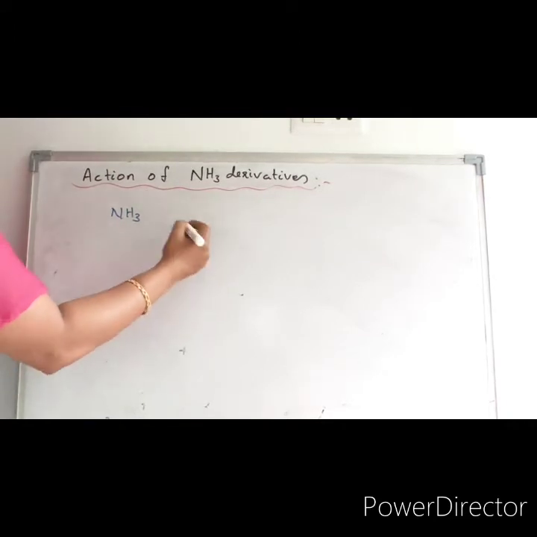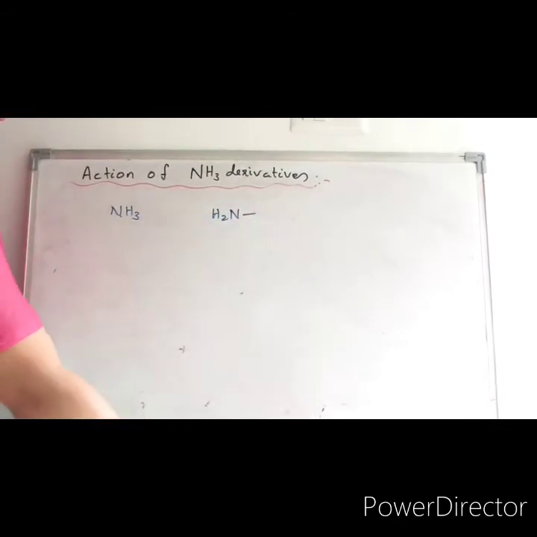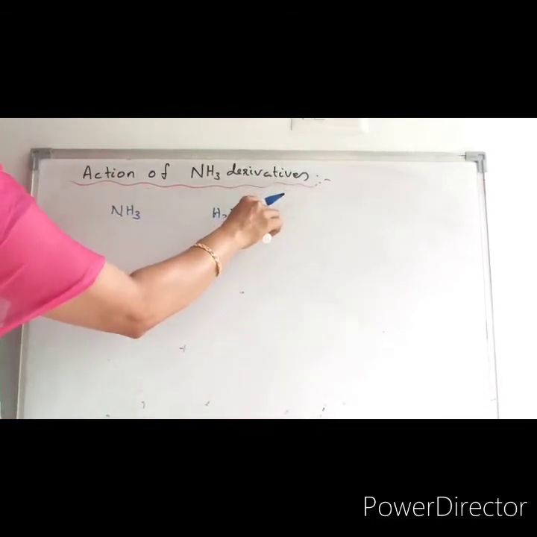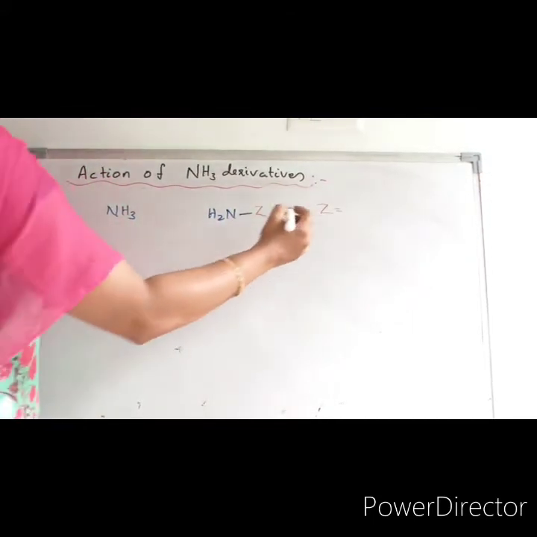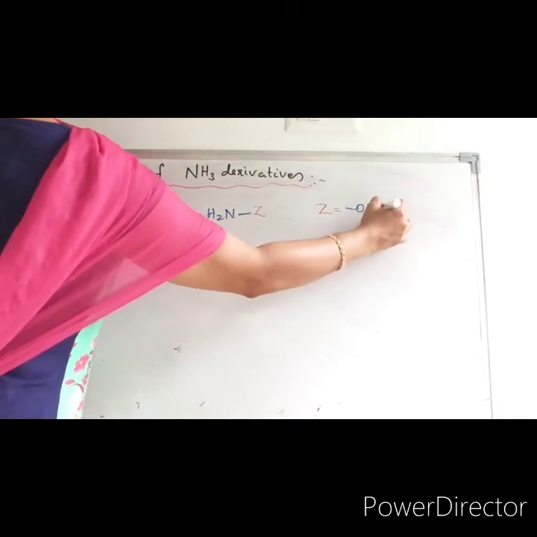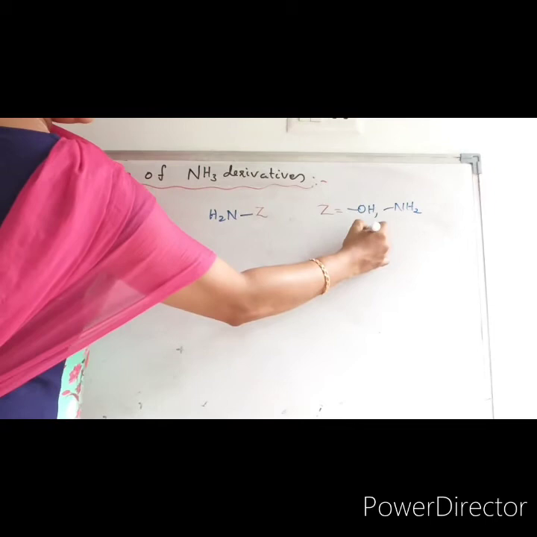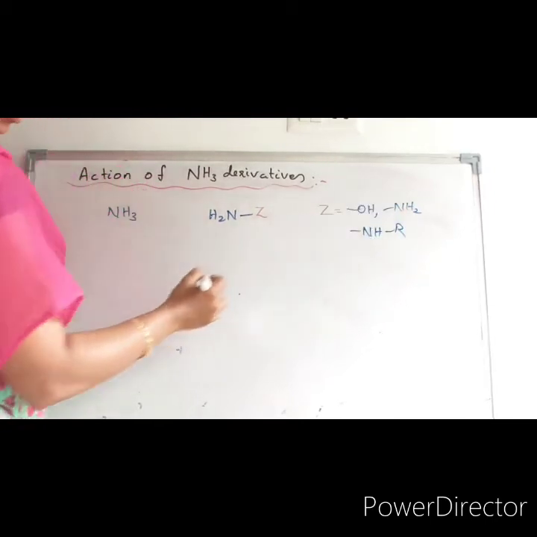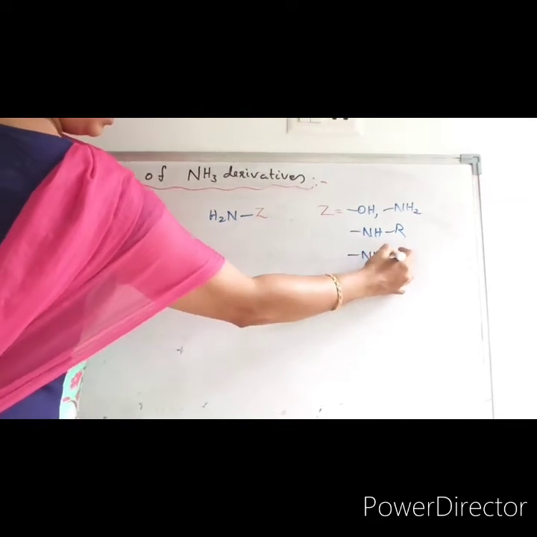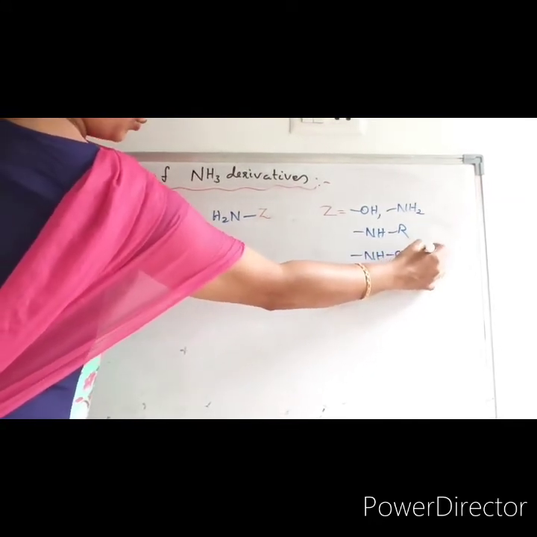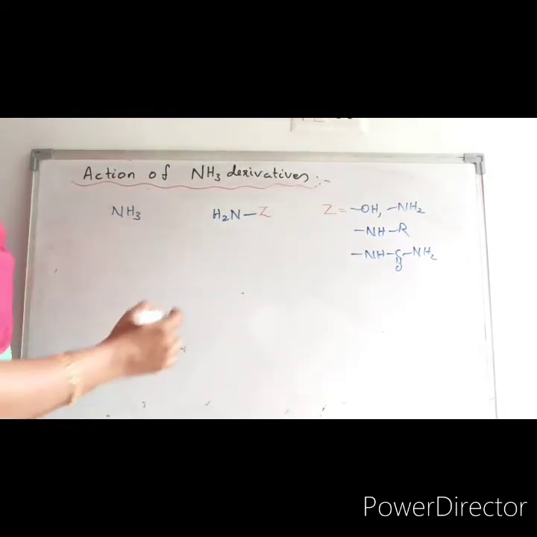So basically you can write it as NH2Z, where one hydrogen is replaced by Z. That Z could be OH, NH2, NHR, then NHC double bond O, NH2, etc. Accordingly you will be having names for those.